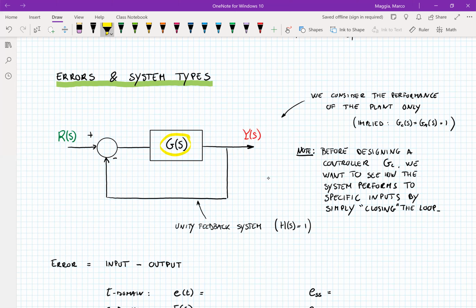If that is the case, you might not even need a controller. You just have to close the loop and that's it. So this would be the logical step to do before designing a controller.